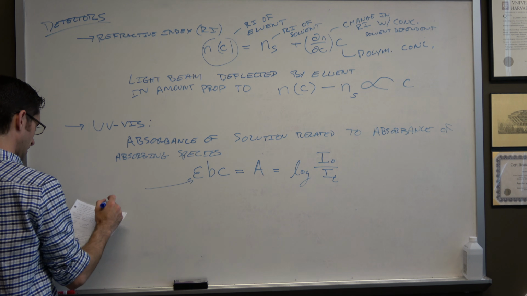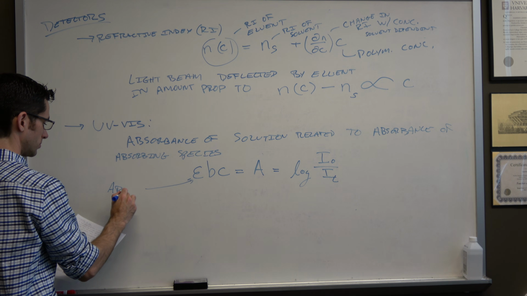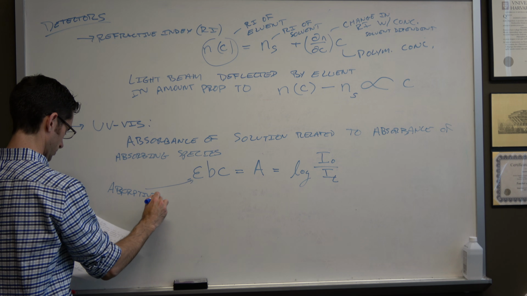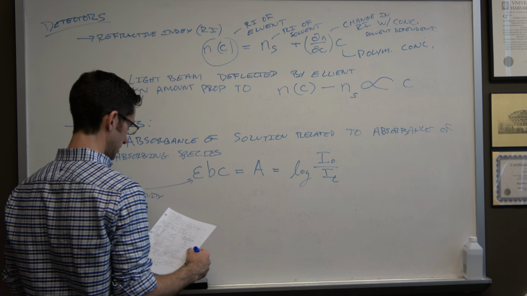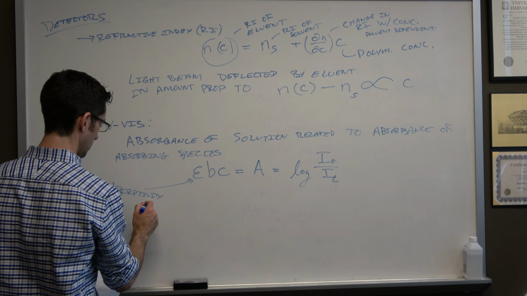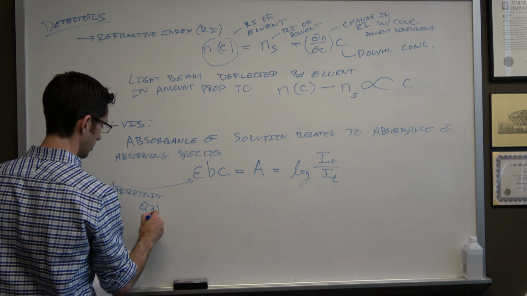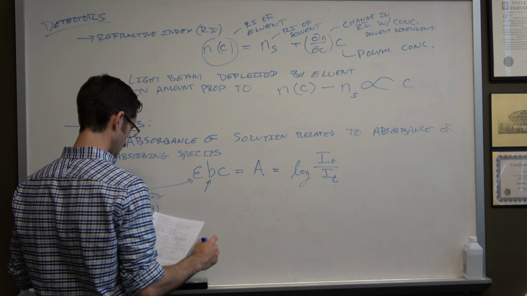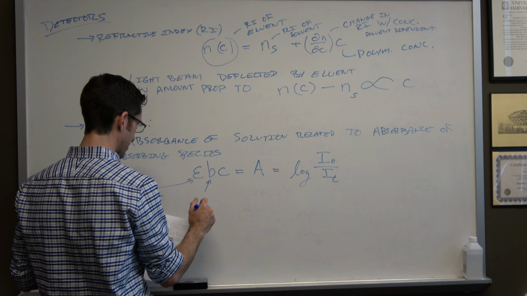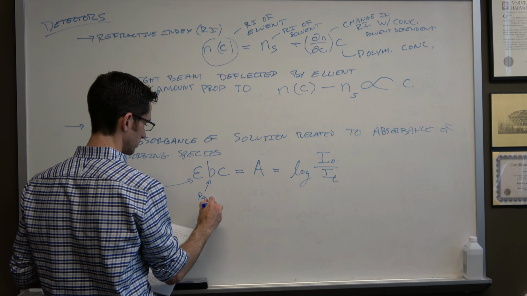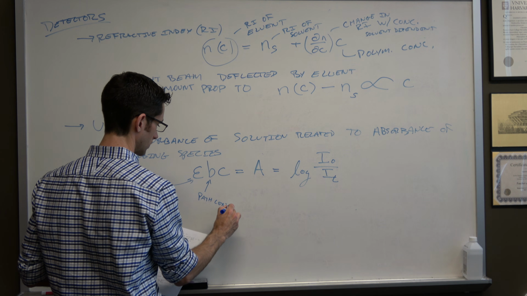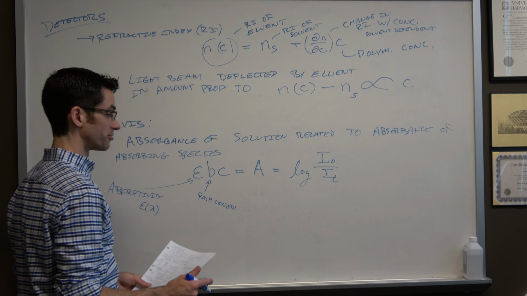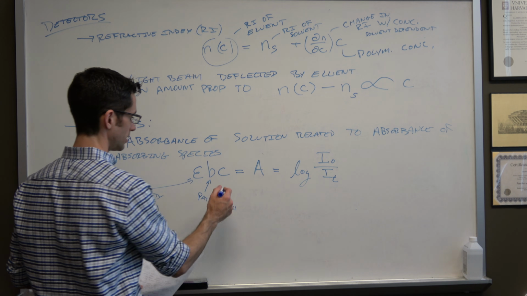Epsilon is the absorptivity, which is a function of wavelength. b is the path length. Sometimes epsilon, the absorptivity, is called the extinction coefficient, which is a function of wavelength.